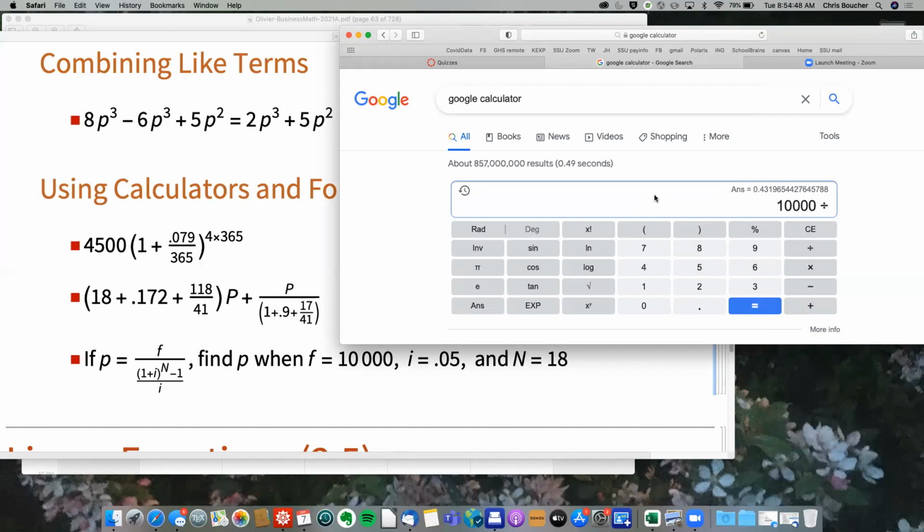Because I want this whole thing, maybe it's better to look over here, I want this whole thing to be in the denominator, so that's going to be in parentheses. All right, then I'm going to do another parenthesis. And I'll do 1 plus 0.05. Well, we'll type and see how it goes here. And then I want to raise that to the 18th power.